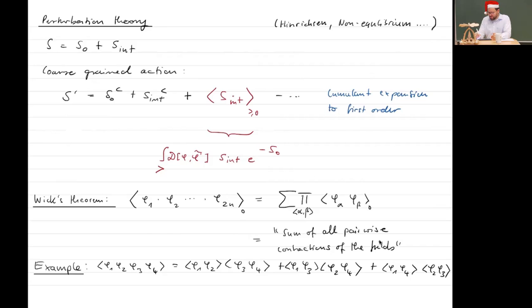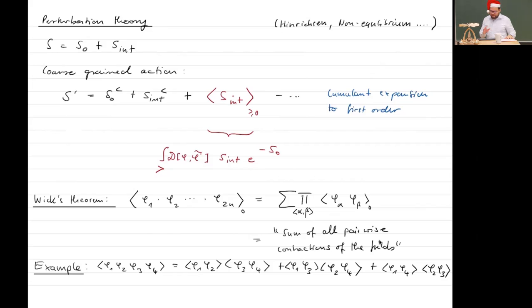You immediately find it because there are not so many people called Hinrichsen who write reviews with 1,600 citations on non-equilibrium phase transitions. There you can find in the appendix all of these calculations and how to perform them. So I just give you a glimpse of how this works.